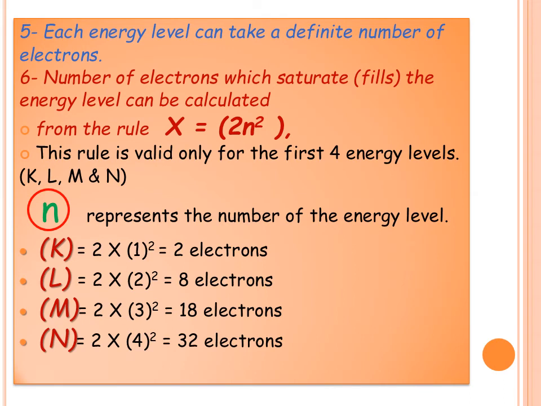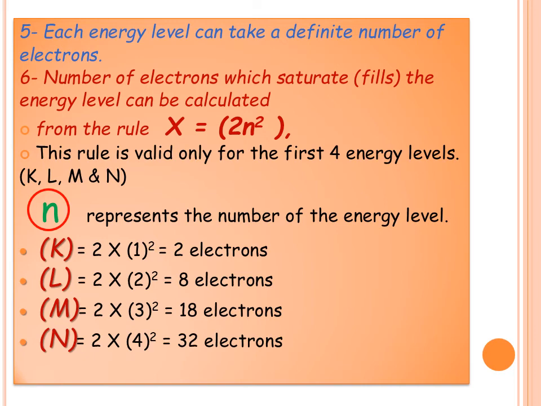Each energy level can take a definite number of electrons. So, how can we calculate the number of electrons in each energy level? There is a rule for this. The number of electrons which saturate or fill the energy level can be calculated from the rule X equals 2N power 2.